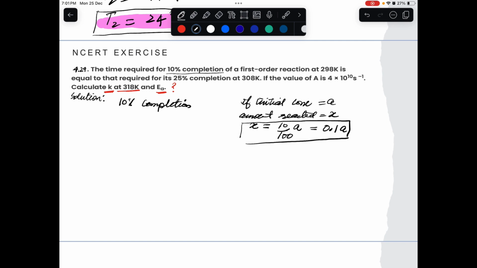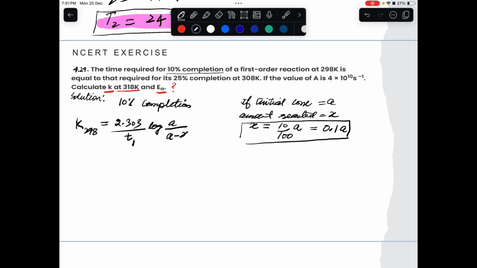So we'll start with the very first part, that is we will write down the rate constant value at 298 Kelvin, the first temperature given to us. We will write down the equation for the rate constant, 2.303 for first order kinetics, and for this we will be writing T1, that is the time in the first case.